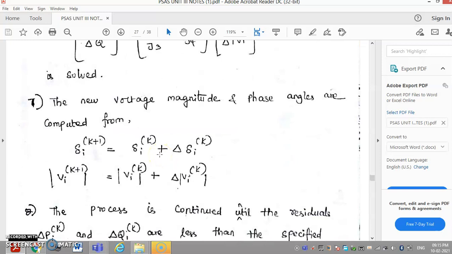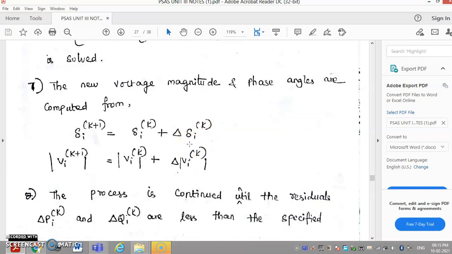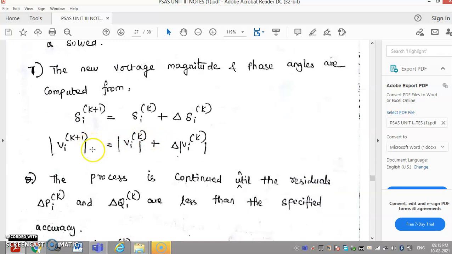The new voltage magnitude and phase angle are computed using the equations: delta i power (k+1) equal to delta i power k plus del delta i power k, that is, the small change in the delta i value. Then modulus of Vi power (k+1) is equal to modulus of Vi power k plus the small change in modulus of Vi power k.